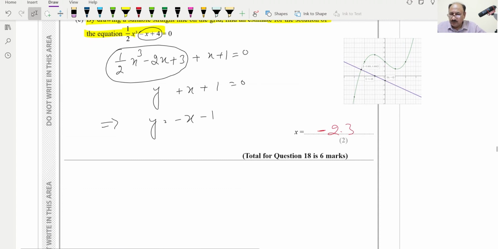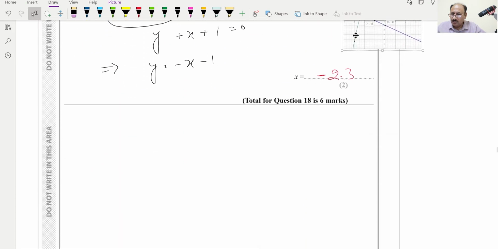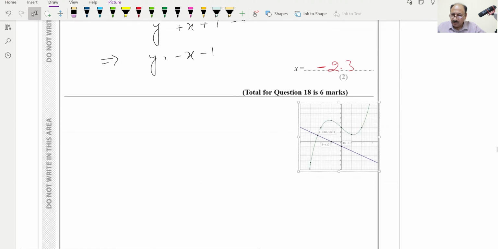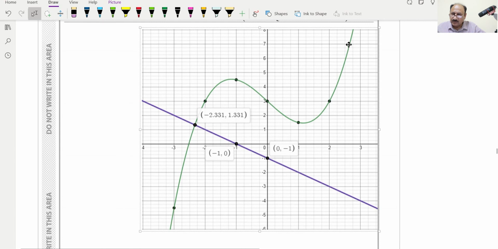The same graph, I have plotted with the help of a website, and you can see over here, this is the green curve, and this is the line which we had drawn. This is the intercept, basically not the y-intercept. This is the solution, and this x value is minus 2.331. You can check over here also.